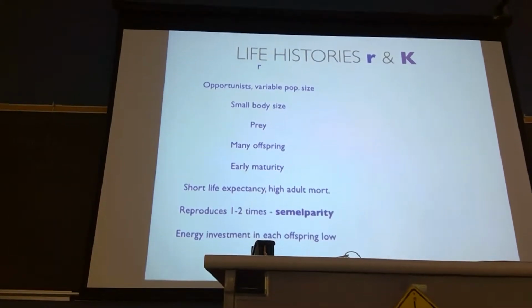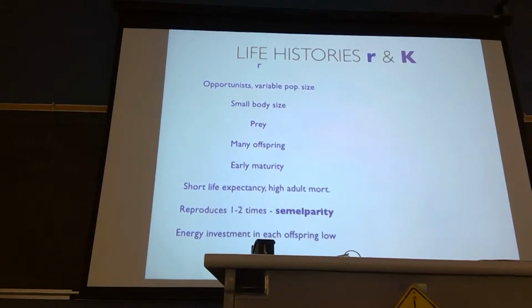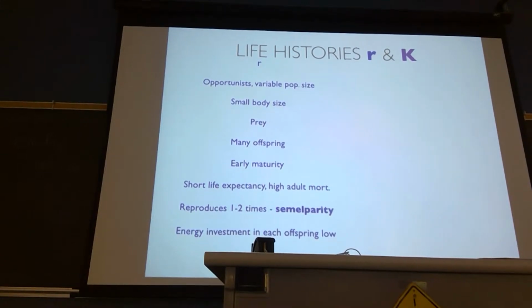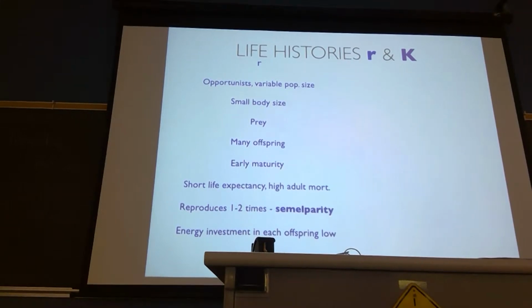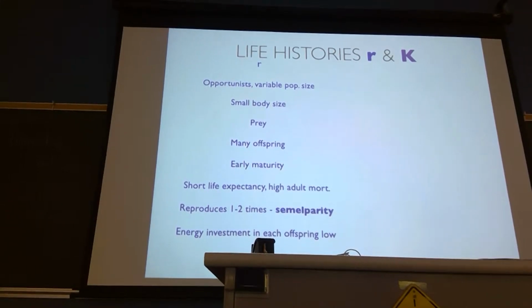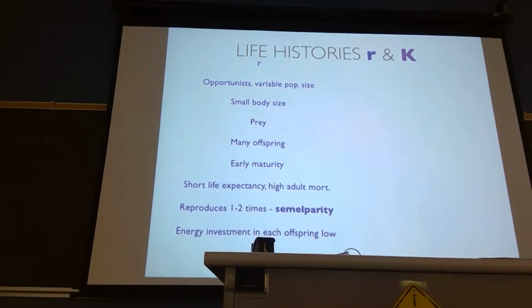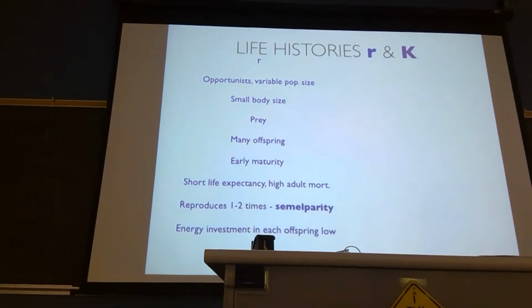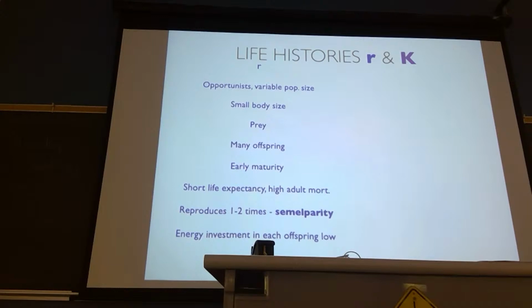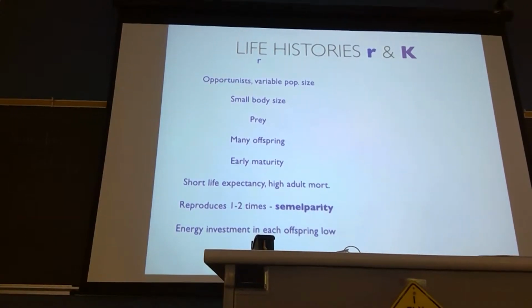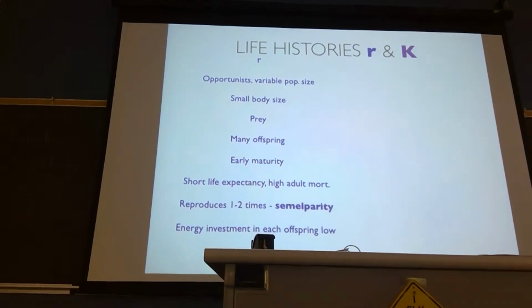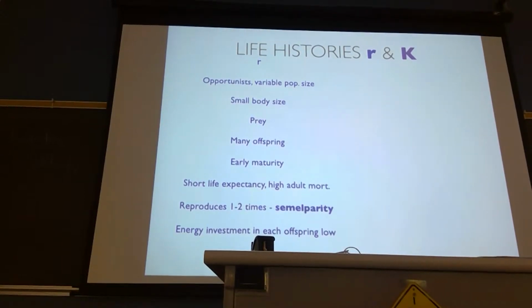Okay. In this R versus K life history strategy, then we can see that they have almost the opposite characteristics for lots of different traits. And that R life history strategists tend to be opportunists. They tend to have very variable population sizes. They experience exponential growth in terms of population growth curves, and then they experience population crashes.